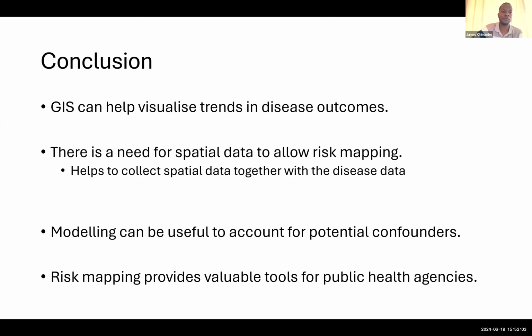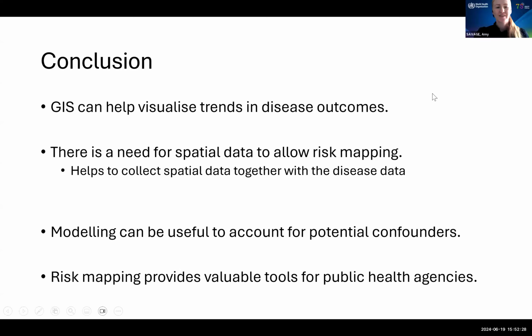I think there's a webinar in the next month about quantitative methods, talking more about the actual modeling techniques, but modeling is really key to understanding the presence of hotspots for mapping. So I'm going to stop here and hand you back to Amy. Thank you very much for your attention.